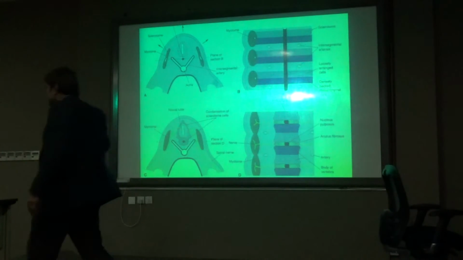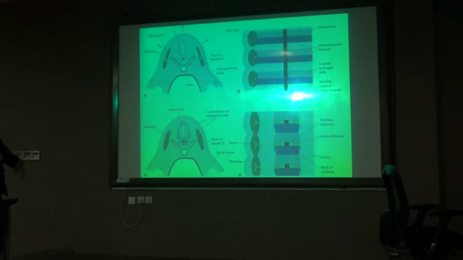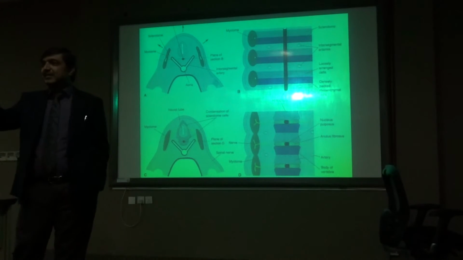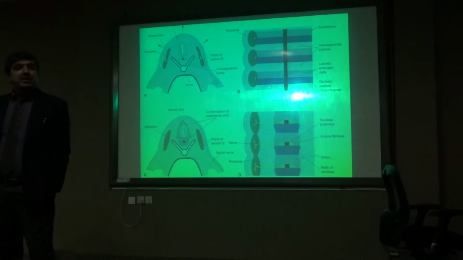As you see in this picture, initially the dark color in the sclerotome is in the lower side, but in the vertebral body the dark color is above. So two sclerotomes unite like this. Any other question? Got it clear?